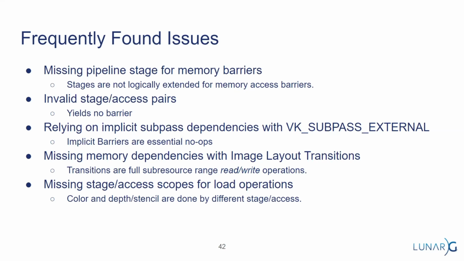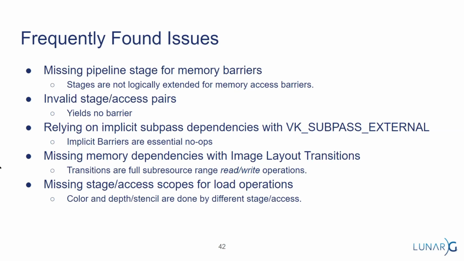Note that you don't need barriers for the things that are raster ordered. For example, you don't need barriers between draw commands to the same attachment because the pipeline takes care of that. But when you change between attachment usages, you then do need them.